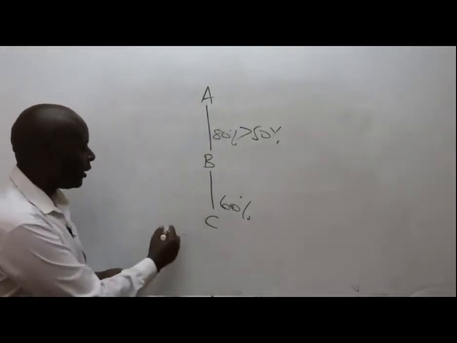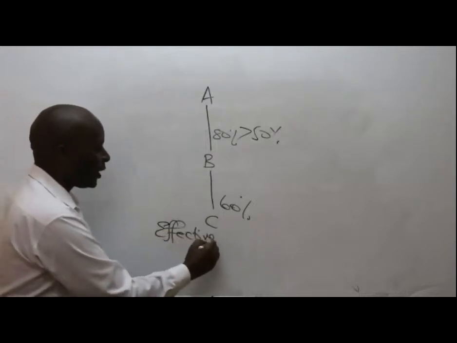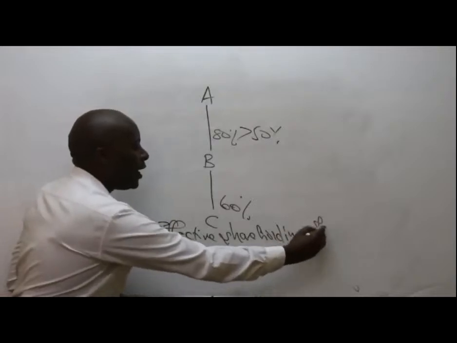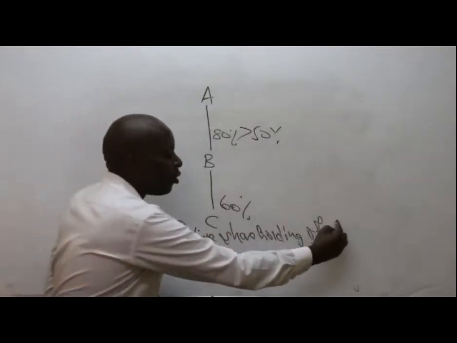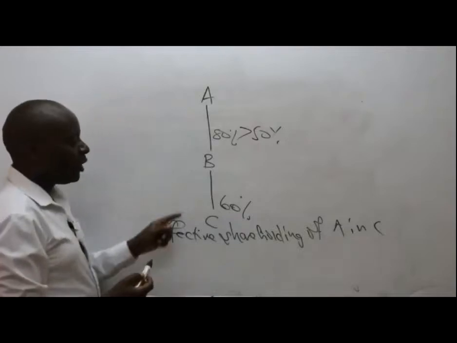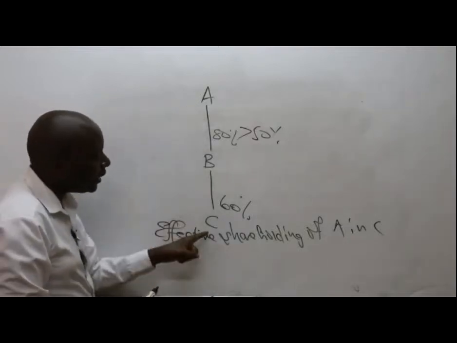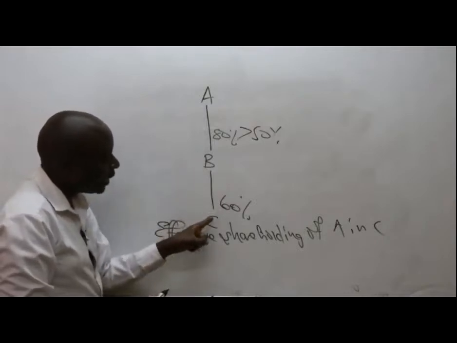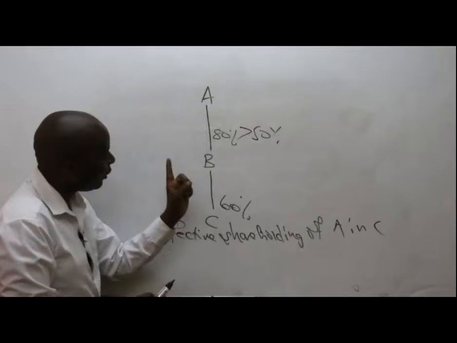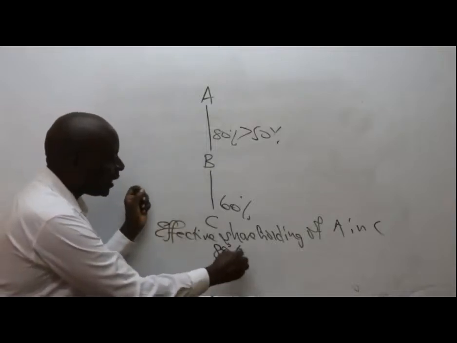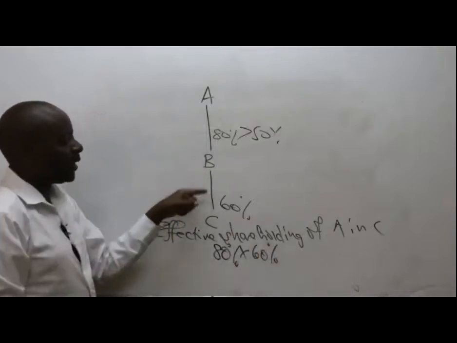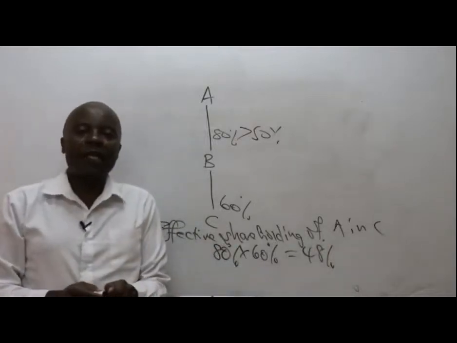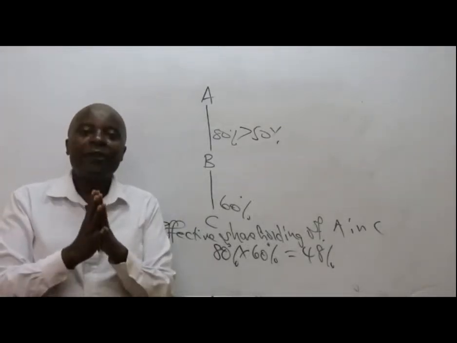Look at the effective shareholding of A in C. Remember, A has got 80% of B, and B has gone ahead to buy 60% of C. So it means that effectively A has 80% of the 60%. So 80% of 60% gives us what here? Gives us 48%.